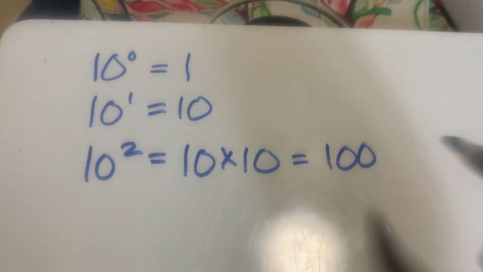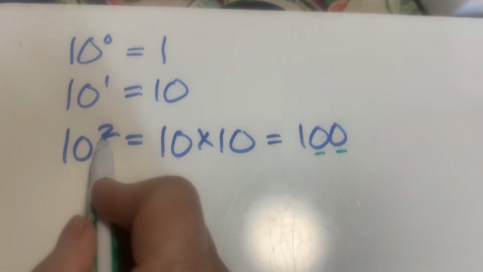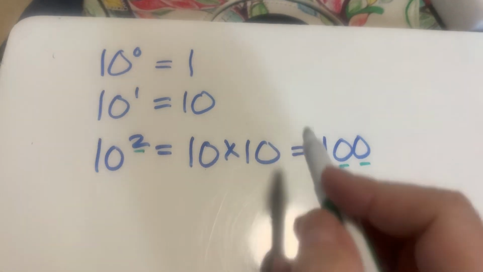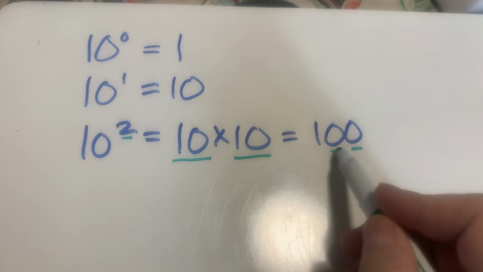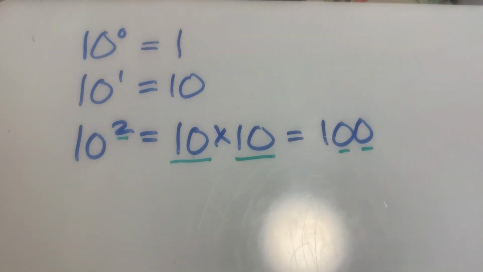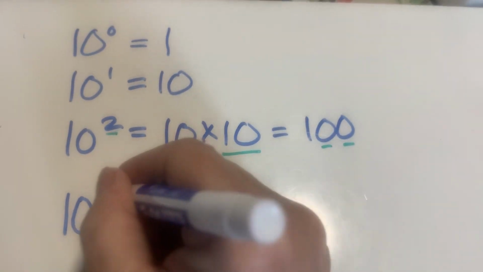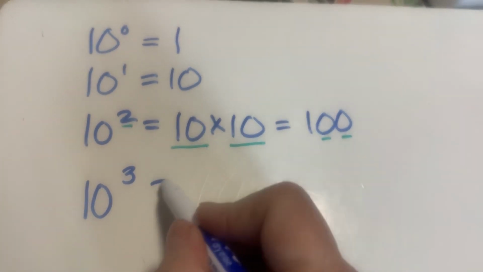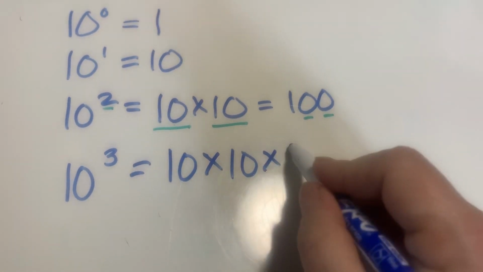And I want to remind you that there's a little pattern that you can see: when we have the exponent 2 and we have 2 copies of 10, there also end up being 2 zeros in that power of 10, that 100. Let's see if it works for the next one, and that's 10 to the power of 3, which is 3 copies of 10.